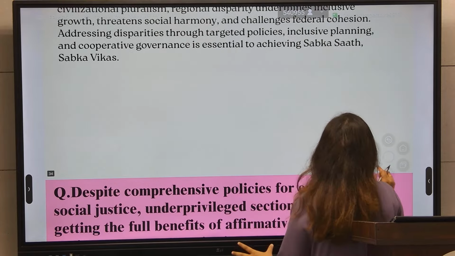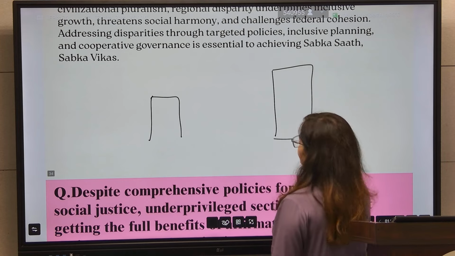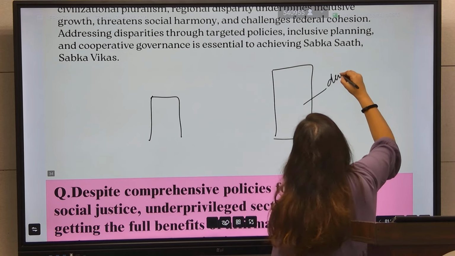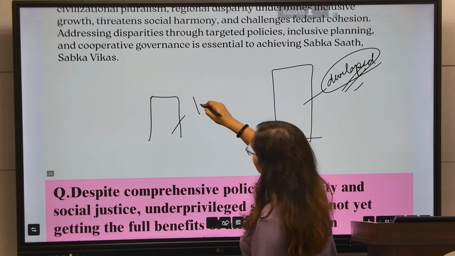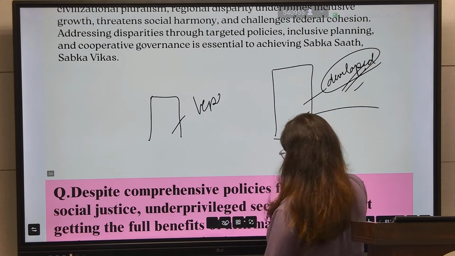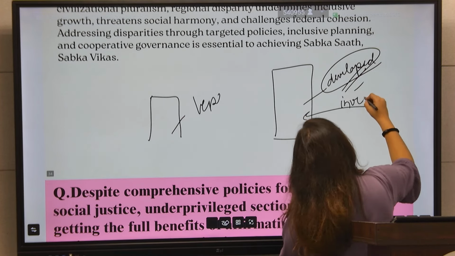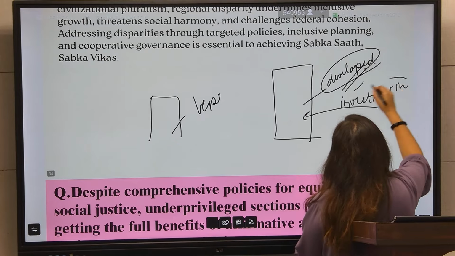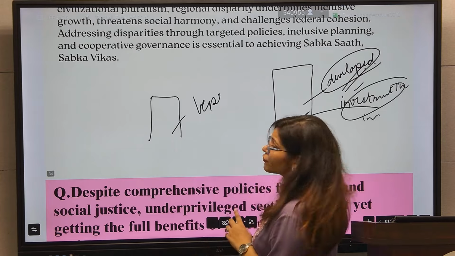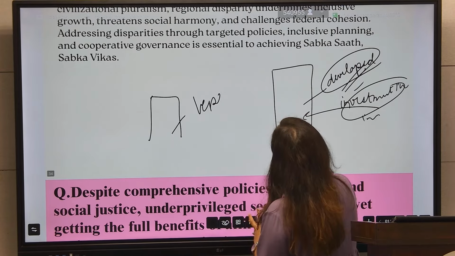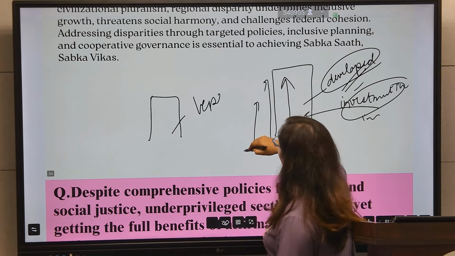What happens if this is one state and this is another state? This is the more developed state, with more development, and this one has less development. What happens? New industries come to the developed state. There is more investment in this region, more FDI, more industries. So these grow, and the already developed region becomes more developed.